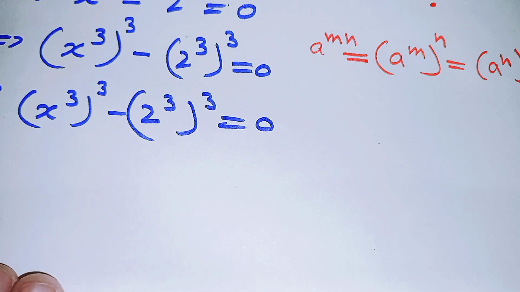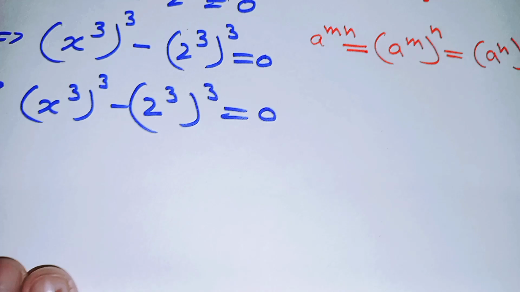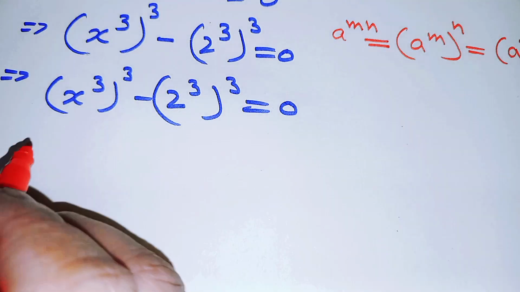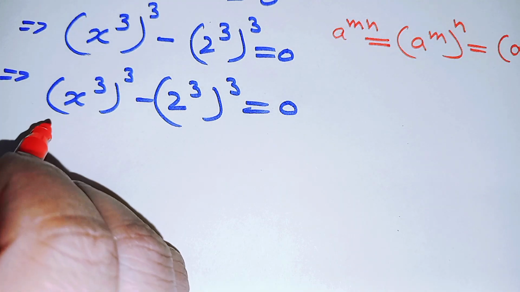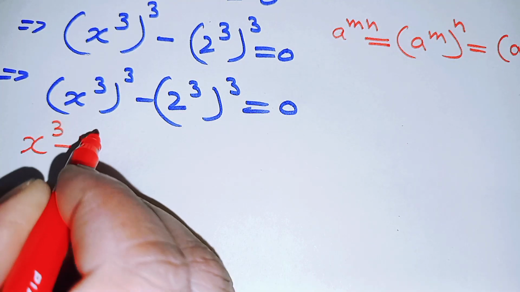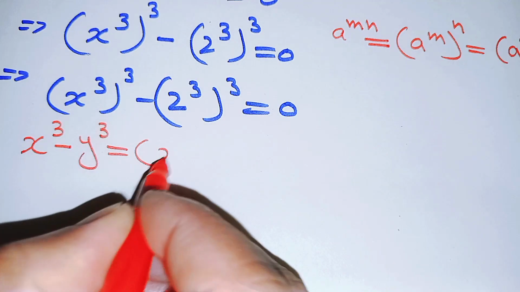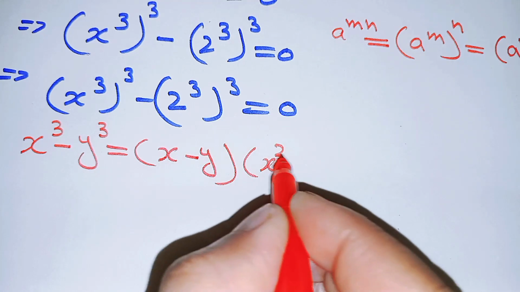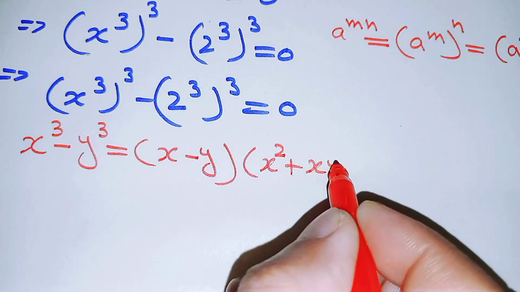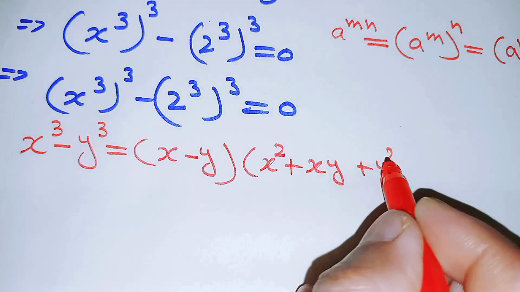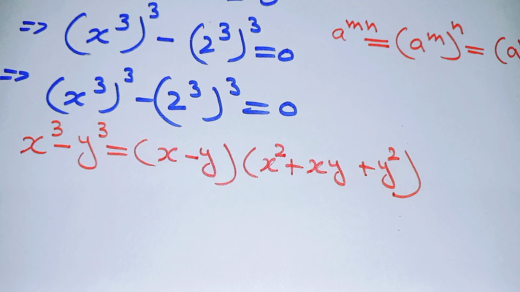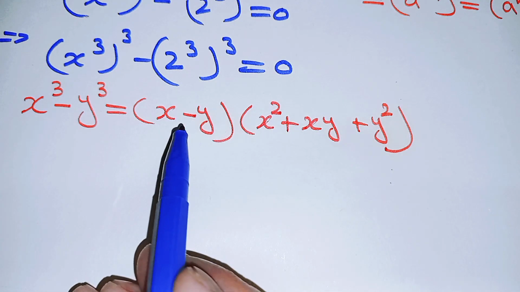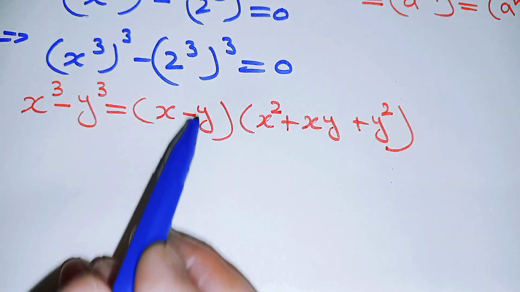And now we solve this question with a nice algebraic identity, which is x cube minus y cube is equal to (x minus y) times (x square plus xy plus y square). Now in the next step we can write this x minus y, where x is x cube and y is 2 cube.